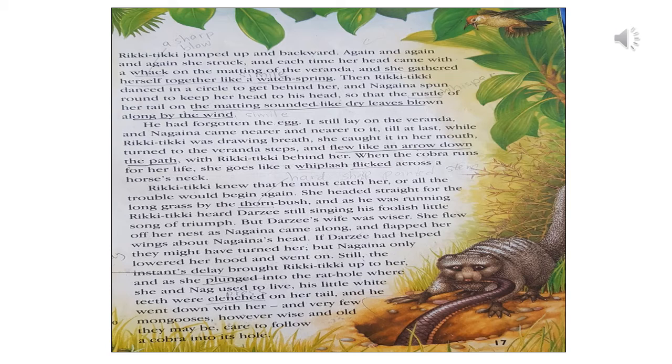Still, the instant's delay brought Rikki Tikki up to her, and as she plunged into the rat hole where she and Nag used to live, his little white teeth were clenched on her tail, and he went down with her. And very few mongooses, however wise and old they may be, care to follow a cobra in its hole.